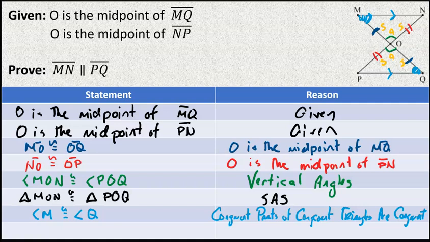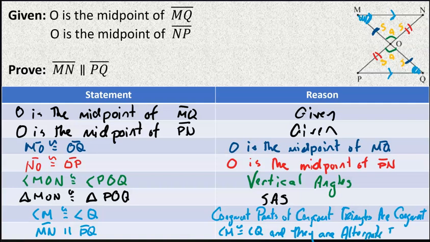Now I can make my final statement that MN is parallel to PQ, and there is once again a number of ways for me to do this. I could just make the statement that angle M is congruent to angle Q and they are alternate interior angles.